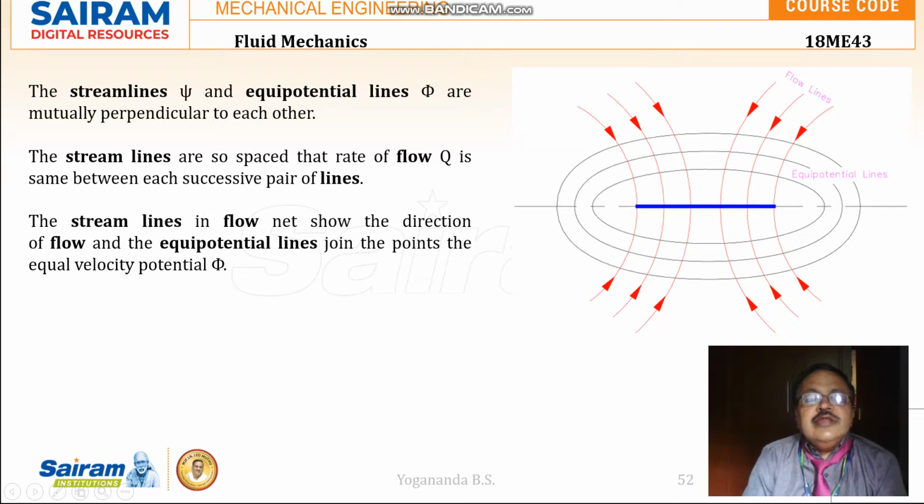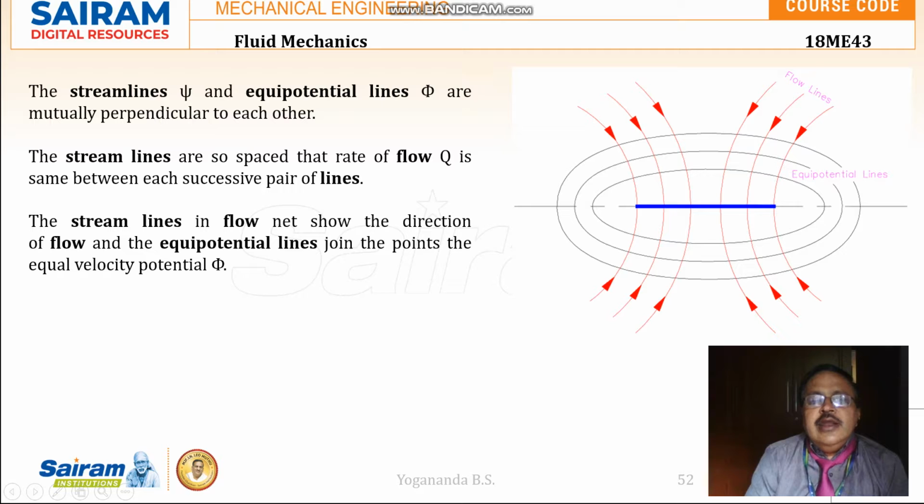The streamlines, or flow lines, are represented by psi, and the equipotential lines by phi, and they are mutually perpendicular to each other. The space between the streamlines will be such that the rate of flow Q is the same between each successive pair of lines.